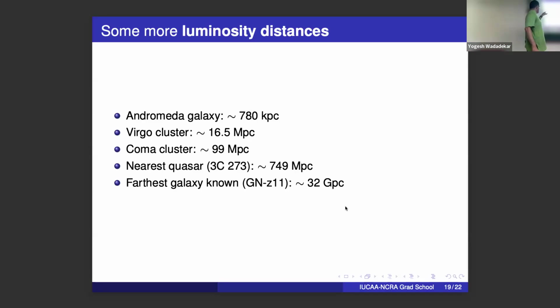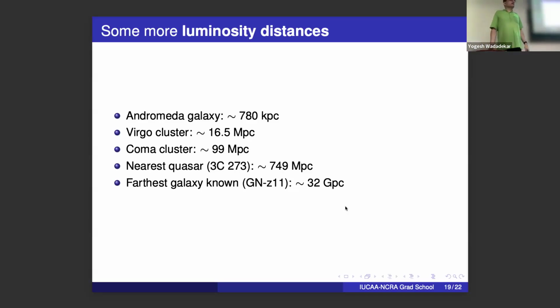GN stands for galaxy something, and z11 means it has a redshift of approximately 11, and that is about 32 gigaparsecs away. As higher and higher redshift galaxies are found, 12, 13, 14, etc., this distance may increase, but not very dramatically. The observable universe has a radius of about 30, 40 gigaparsecs, of that order.